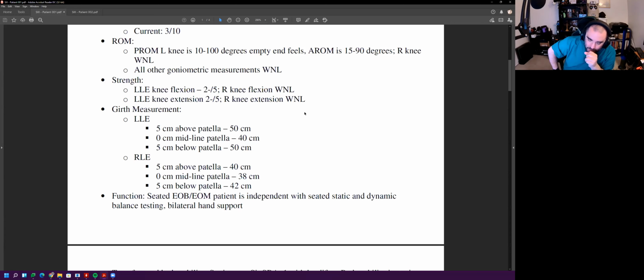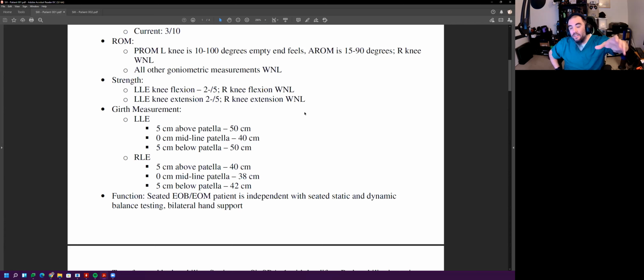Now, just as a technical term here, because we're measuring 5 centimeters above, which is only about 2 inches, and 5 centimeters below, which is only about 2 inches, we're measuring at that point for true swelling. The reason for that is we're not getting down into the girth of either the gastroc or the quads.